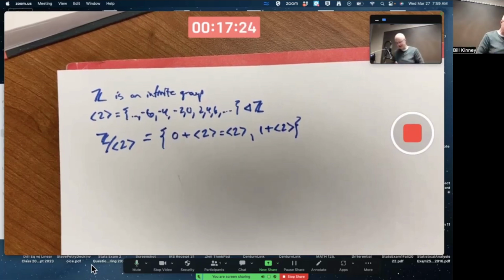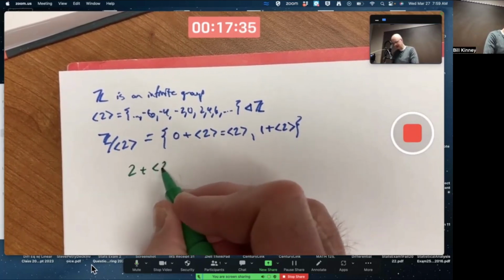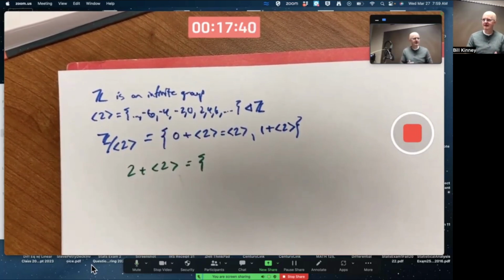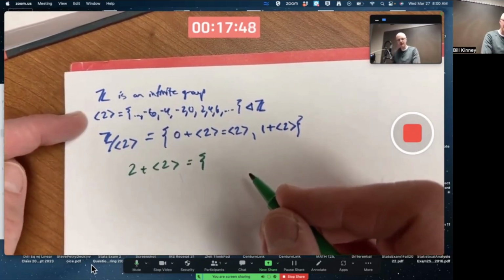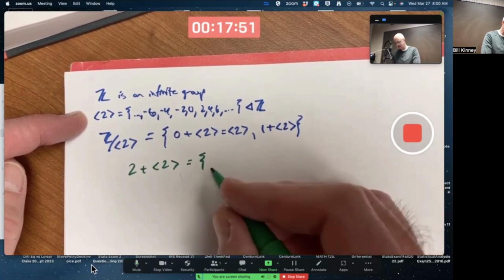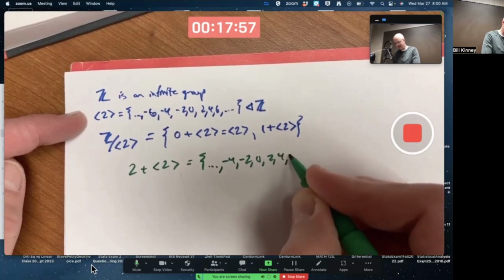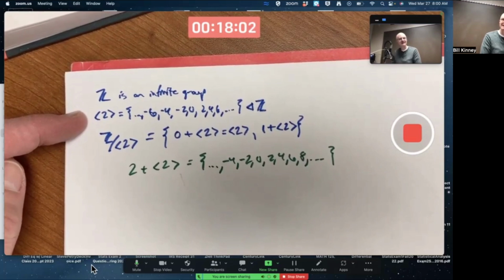Why are there no others? Because any other left coset you could make with any other representative is the same as one of these 2. For example, 2 plus this. Notice I am using addition here for my cosets because the group operation's addition. That consists of taking everything in this subgroup and adding 2 to it. That really is the same set.